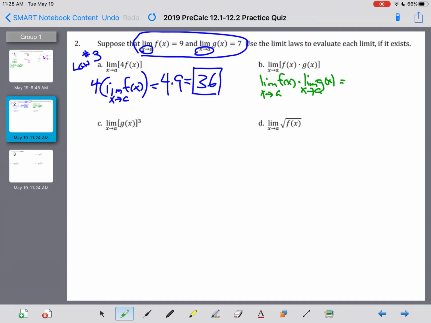So in this case, my f of x has a value of 9. The limit of g of x as it approaches is 7. And we get 63.